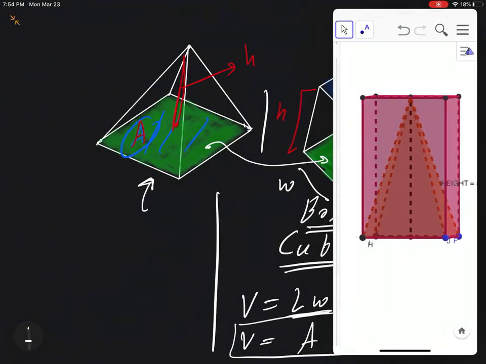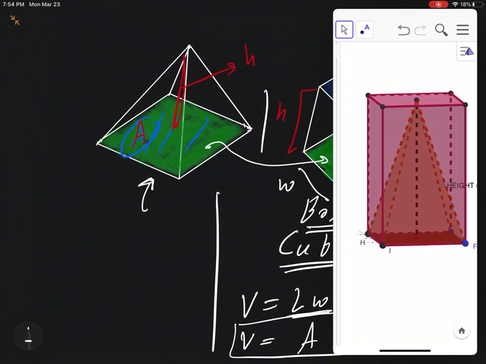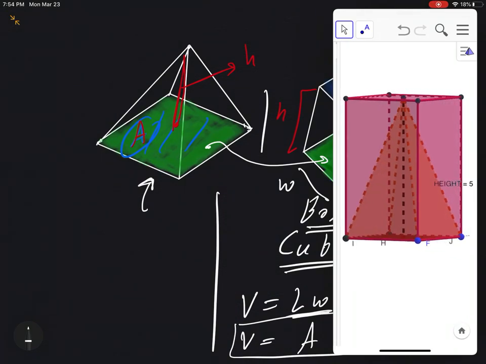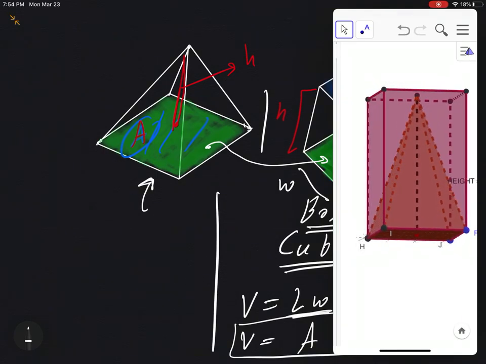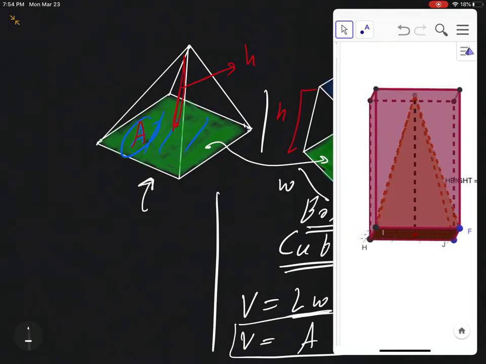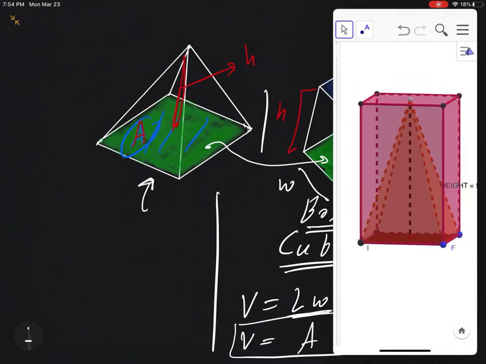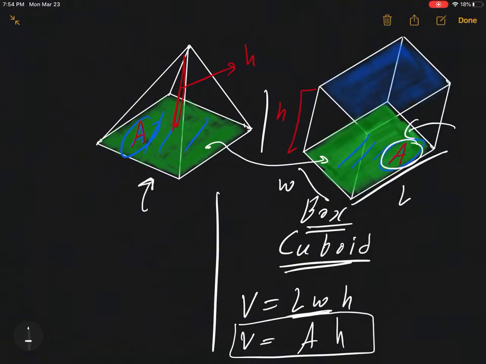Notice that the top point of the pyramid just touches the top of the box. So the pyramid and the box have the same square base and the same height.